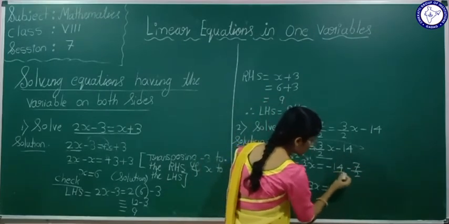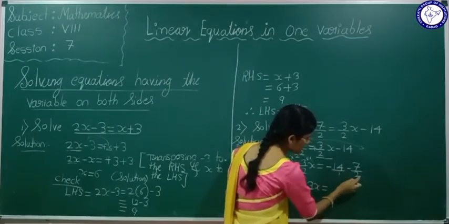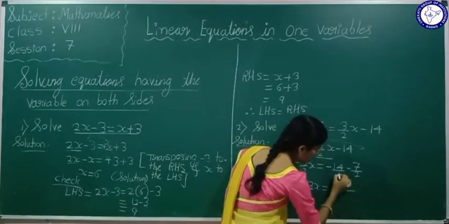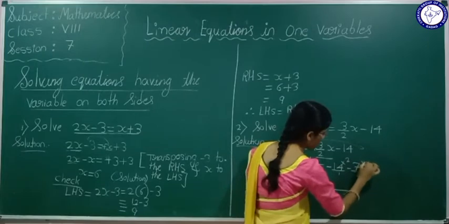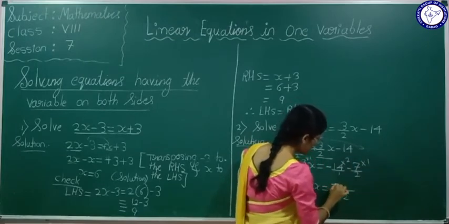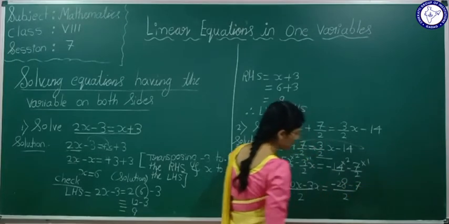See here also the denominators are not the same, we will make them the same. Here 1 is there, here 2 is there. What is the LCM of 1 and 2? It is 2. 1 2s are 2, 1s are minus 14, 2s are 28, minus 7.